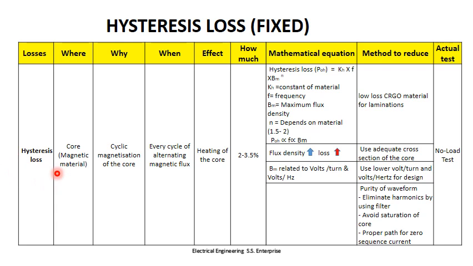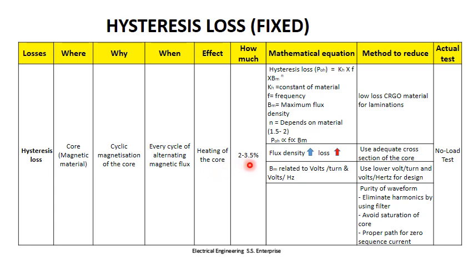Hysteresis losses are fixed losses. They happen in the core magnetic material due to cyclic magnetization of the core. It occurs every cycle of alternating magnetic flux. The effect is heating of the core.